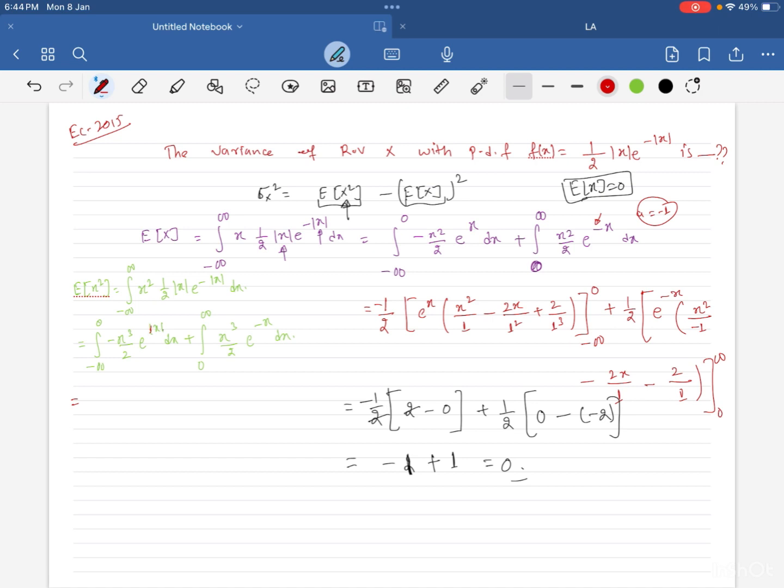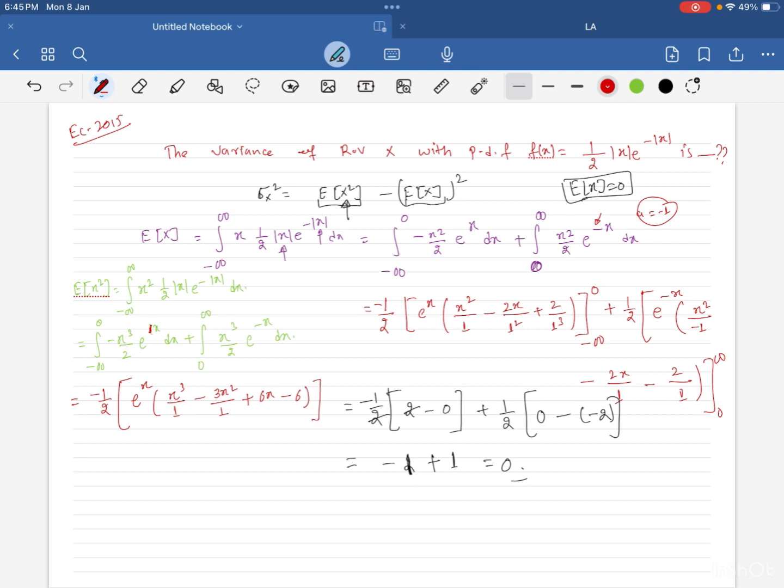So here we will have only x, not mod x. What we can do is put this half outside. Here we will have e to the power x, a is 1, and inside we will have x cube divided by a, a is 1, minus 3x square divided by 1 plus 6x minus 6.